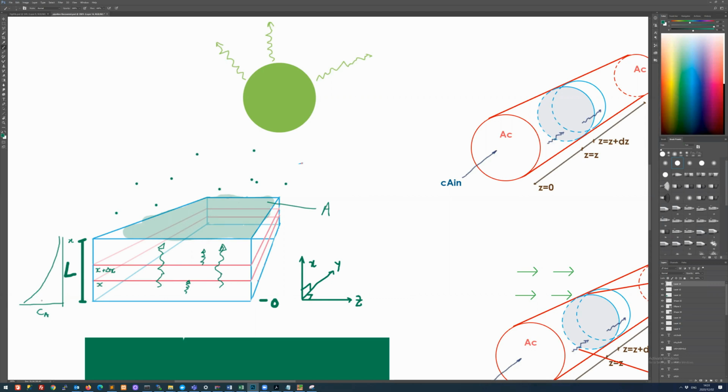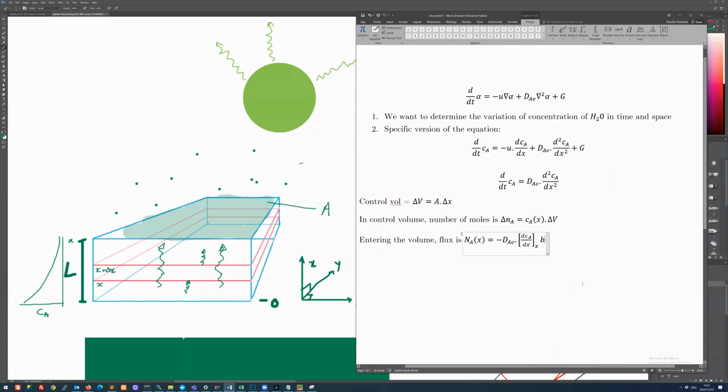Well, that's what we expect to happen over some time. It might not be true initially, but the point is the concentration is varying like this with X, and that means our gradient is varying also. So we have to be specific here that that's at the X position.